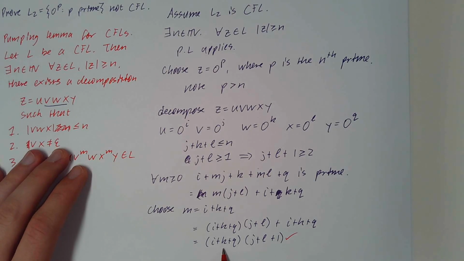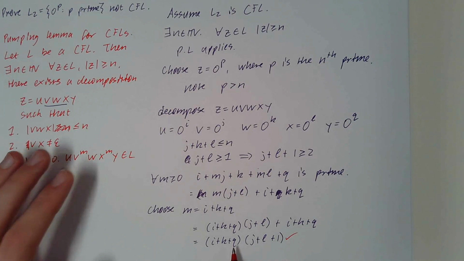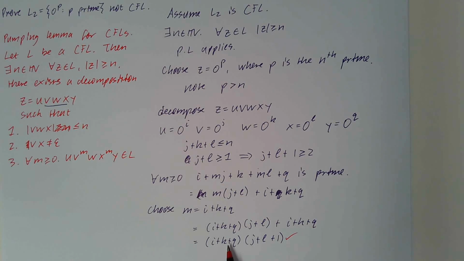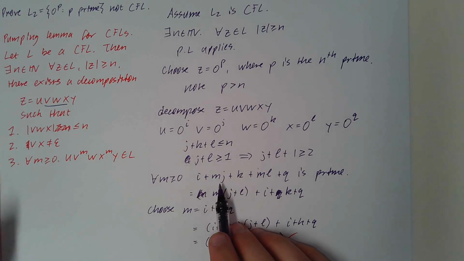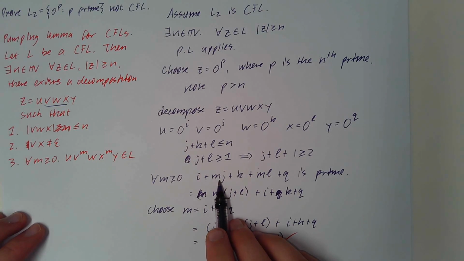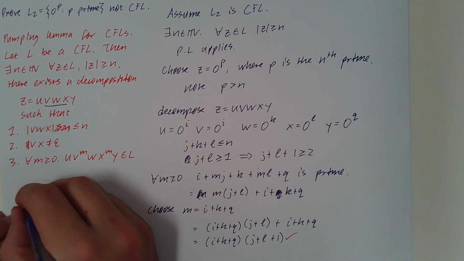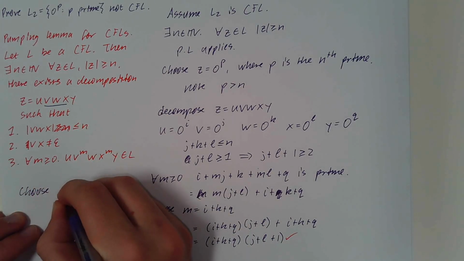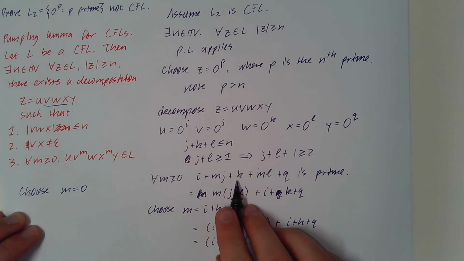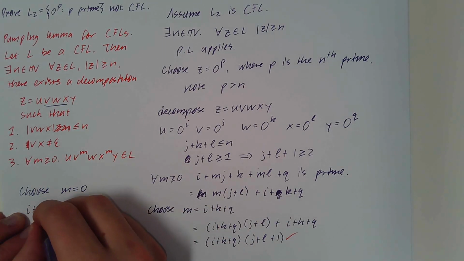Now we need to show i plus k plus q is big enough. And how can I do that? Well, this has to work for all m, right? For all m, this term here has to be prime. So what happens if I choose 0? If I choose 0, these two terms fall away and I'm just left with i plus k plus q. So if we choose m equals 0, i plus k plus q is prime.